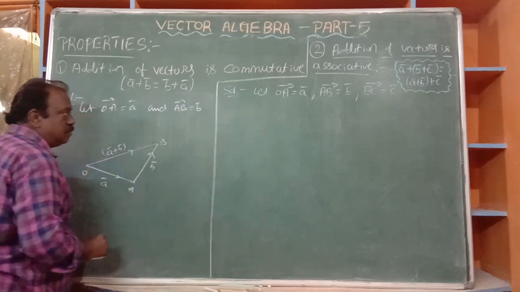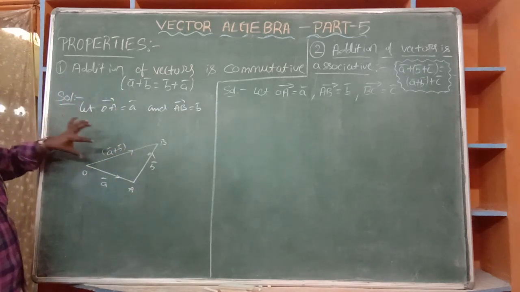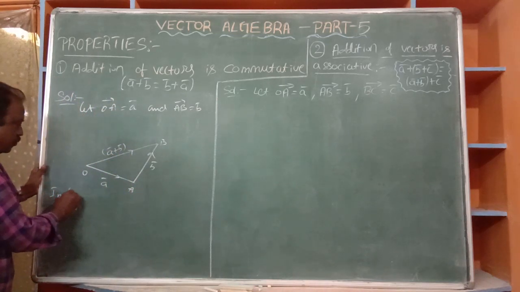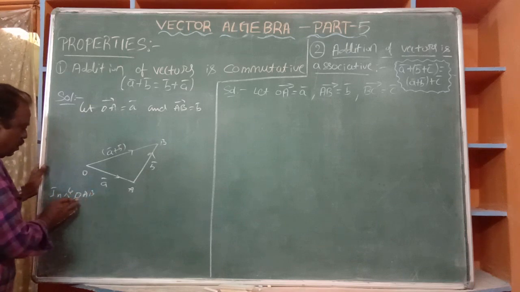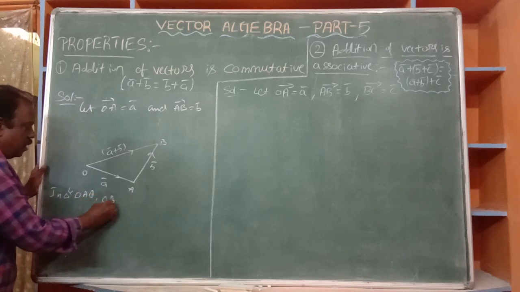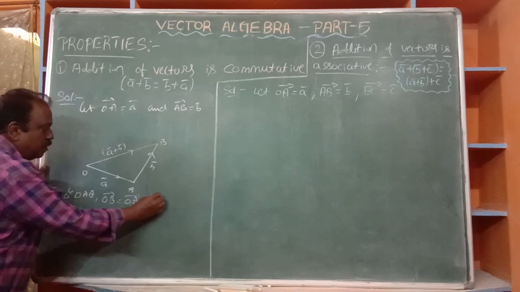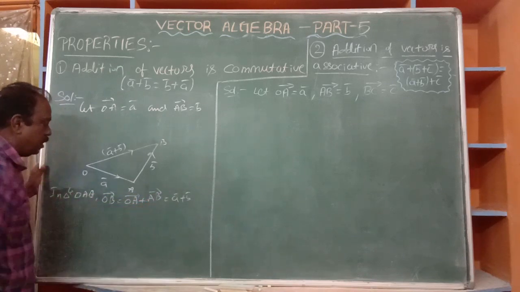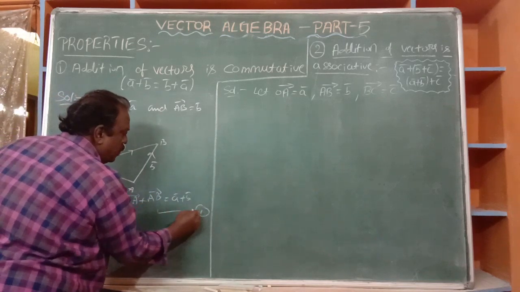If you assume OA bar is A bar, AB bar is B bar, in the triangle OAB, what is OB bar? It is OA bar plus AB bar. So it is A bar plus B bar. Okay? So it is equation 1.